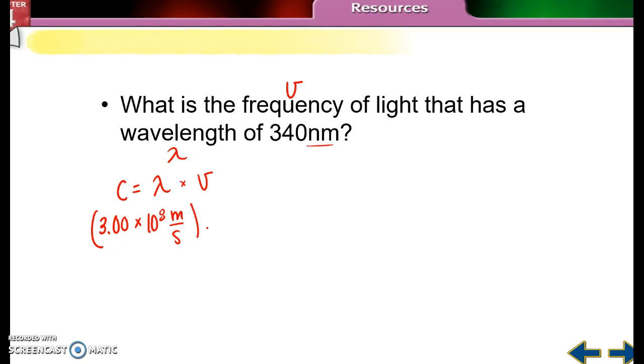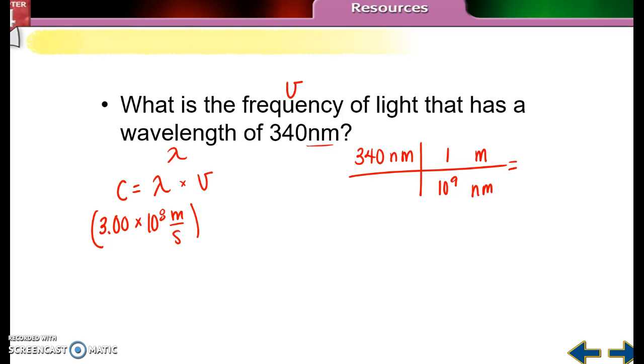So what I'm going to end up doing is I'm going to start and I'm going to convert 340 nanometers to meters. So I think back to chapter 2 in the conversions, and there were 10 to the 9th nanometers for every 1 meter. So I'm going to do 340 divided by 10 raised to the 9th.